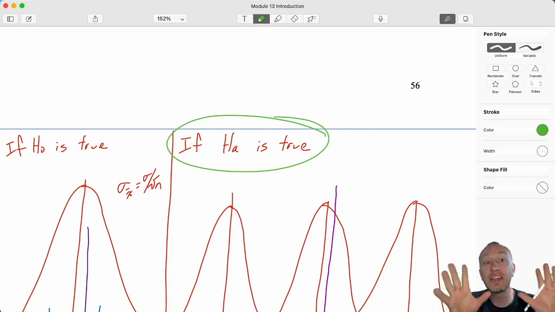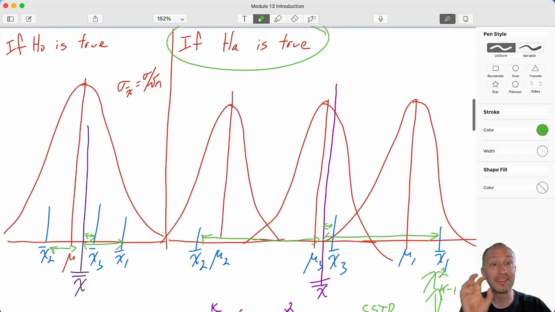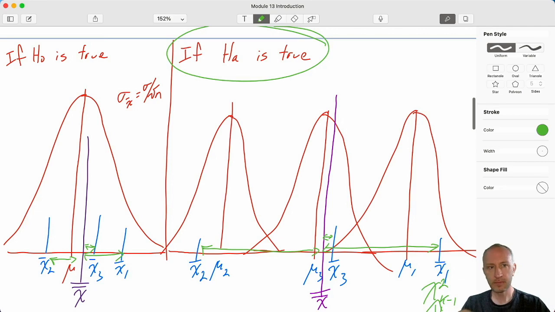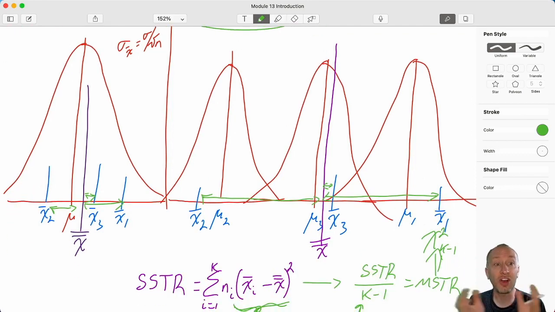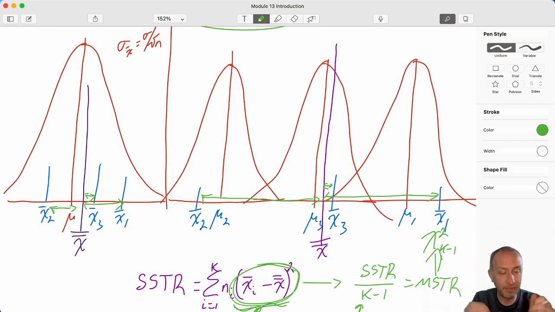But all of those different types of tests are all based on this same principle. We'll have MSE, this unbiased estimate of the population variance. We'll have MSTR, this estimate of the population variance, which is completely influenced by whether the null is true or the alternative is true, because it's reliant on those distances between sample means and the grand mean.